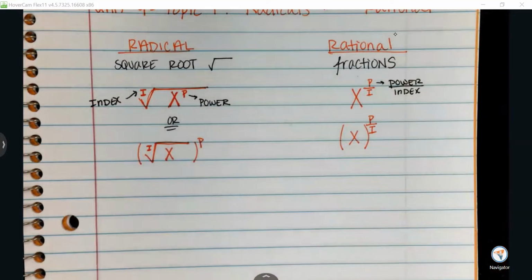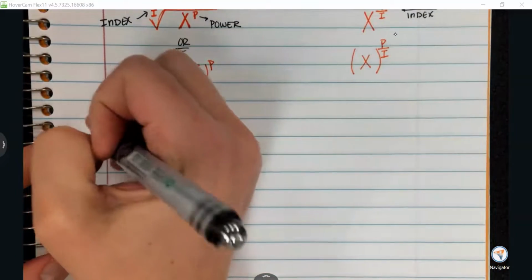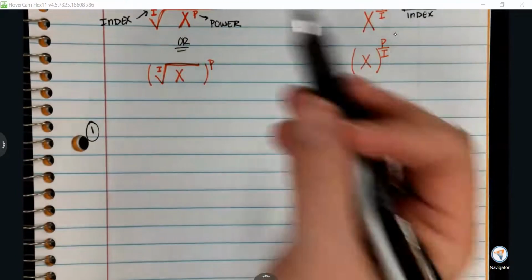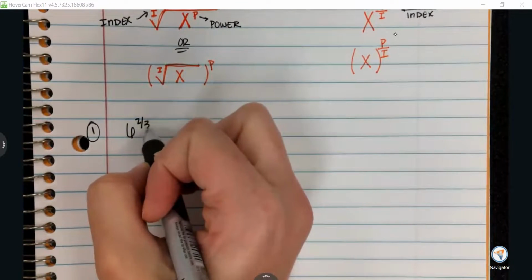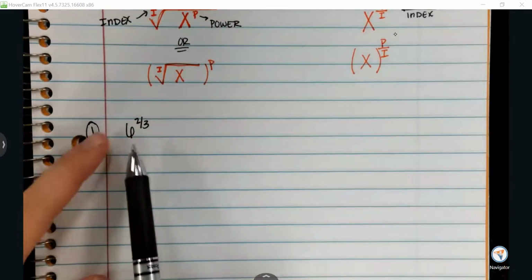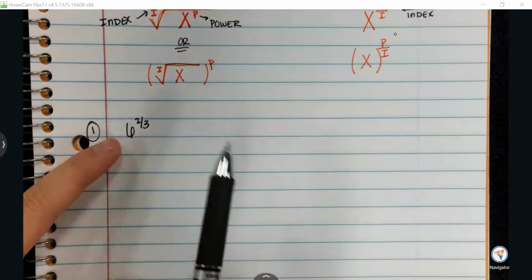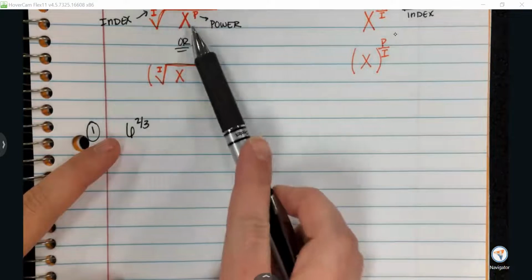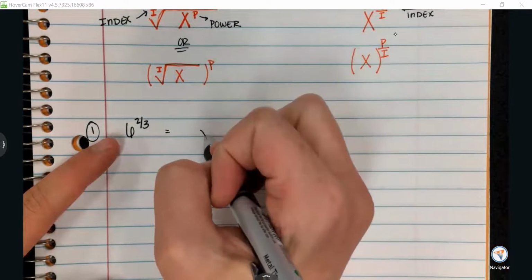All right, we're going to do a few examples and talk about these, and then you're going to try some on your own. So, example number 1. If I give you 6 to the 2/3, I gave you a big number, a big base, with a fraction. We are going to change it to a radical. So first thing I know is this is going to have a radical.